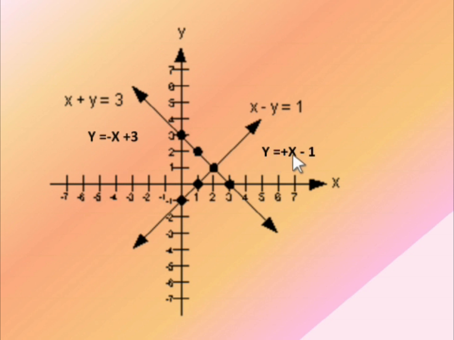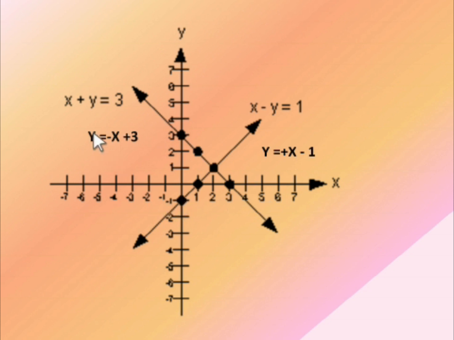Right? The moment you see the equation, yes, these two lines are perpendicular to each other and they are passing through this point. The first one passes through 3. Again here, this passes through minus 1, so it cuts the y-axis at that point.